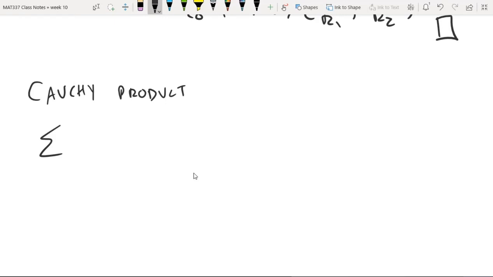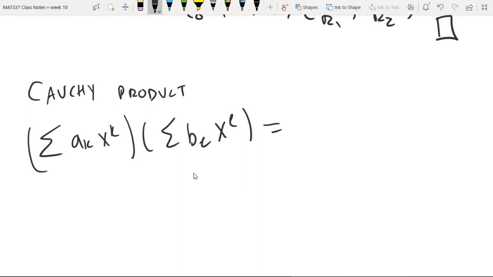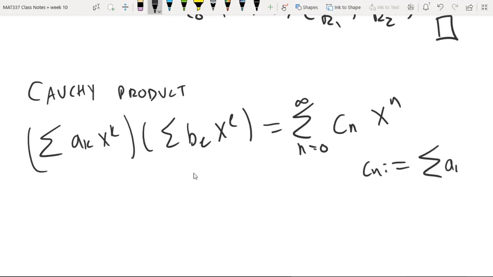So if you have the sum of a_k x^k times the sum of b_l x^l, then we claim that this is equal to the sum of c_n x^n, where c_n is the sum of a_k b_{n-k}.